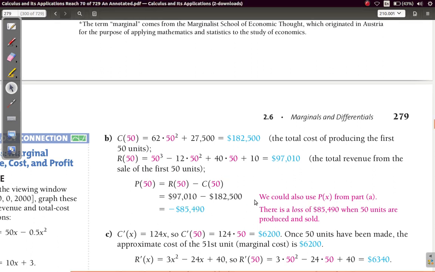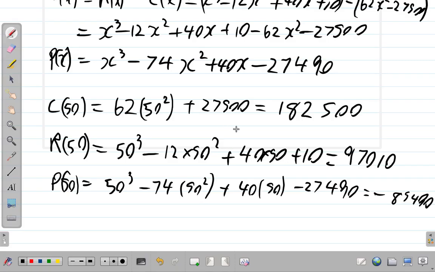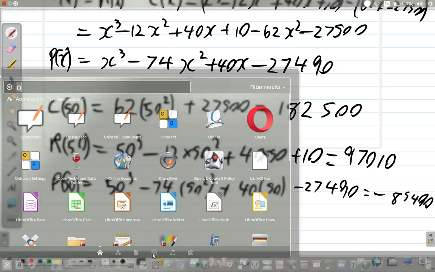Now, the note here is that we could also use P(x) from part A, where there's a loss of 85,490 when 50 units are sold. So what they're saying then is this.